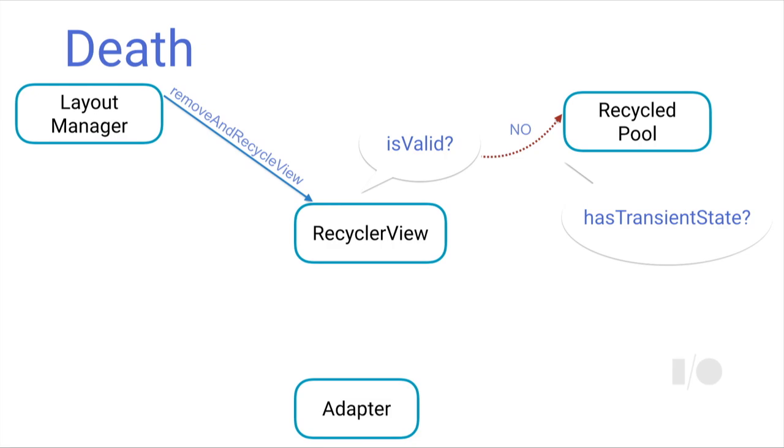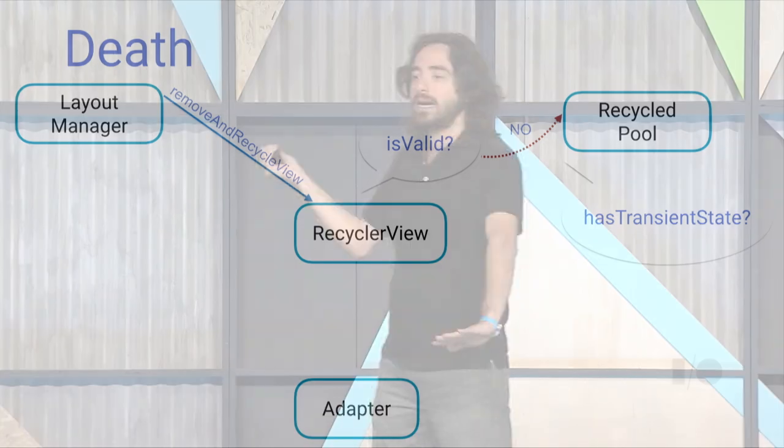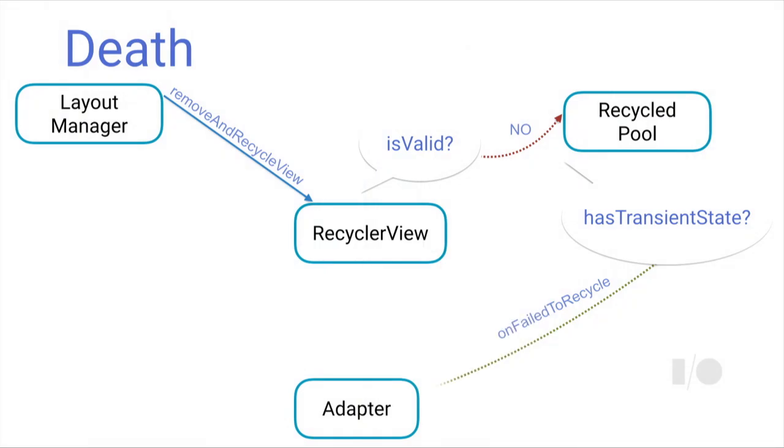A view having transient state means it's animating. You have a button, it's doing some animation. If a view is animating, we cannot reuse it for another ViewHolder, because imagine that it was fading out and then we bind it to something else and it comes to the UI faded out. That's not what you want. You want fresh views. There are a few other cases that can cause views to have a transient state as well.